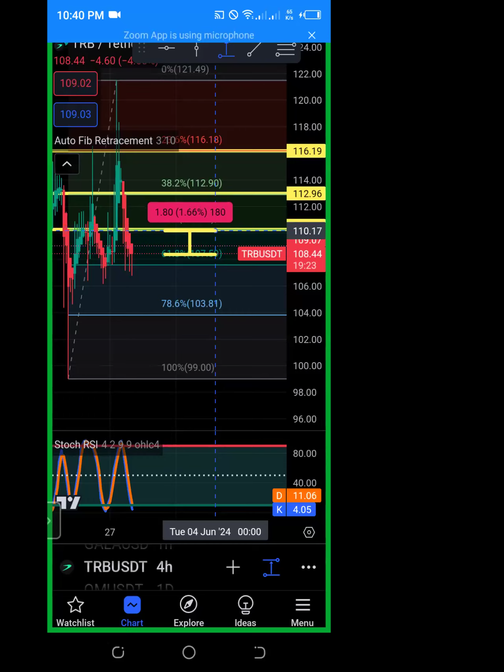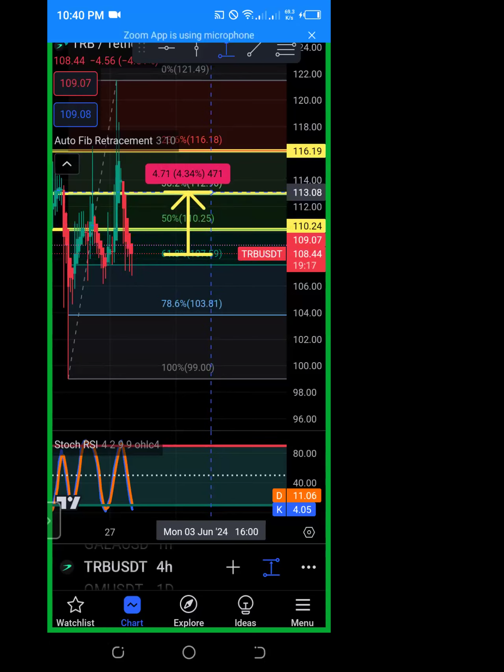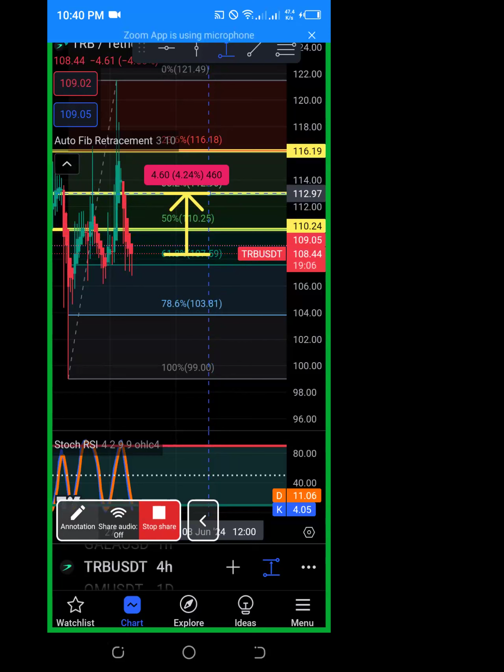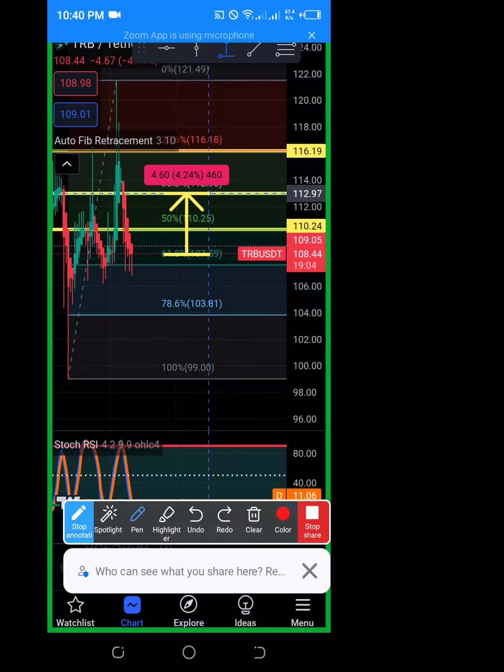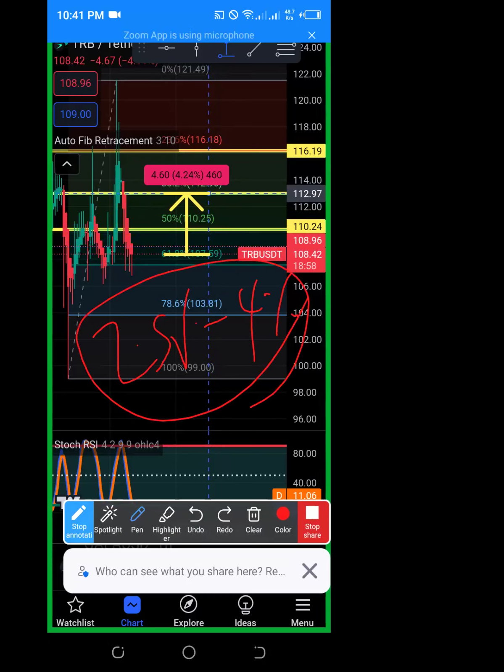So if I enter from here, I can exit at either 50 or 38. So you can always take between 2.5% to 4%.